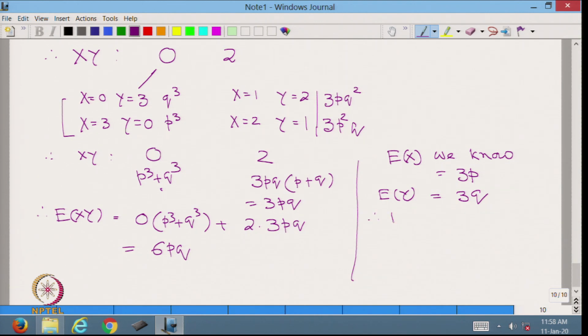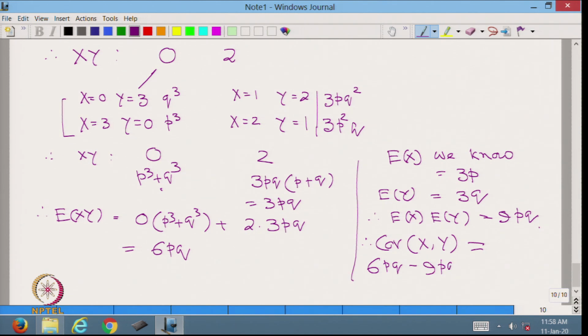Therefore, expected value of x into expected value of y is equal to 9 p q. Therefore, covariance between x y is equal to 6 p q minus 9 p q is equal to minus 3 p q, which is negative.